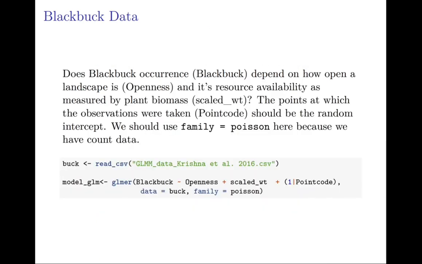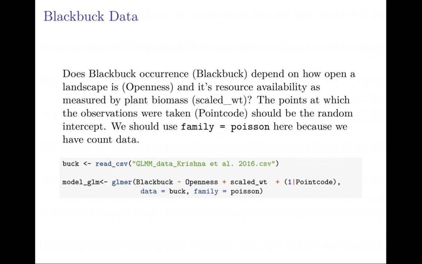The question that we're going to ask with this data is, does blackbuck occurrence, which is termed blackbuck in the data set, depend on how open a landscape is, openness, and its resource availability as measured by plant biomass, which is a scaled weight here. The points at which the observations were taken, or point code, should be the random intercept here because it's sort of like a block or a site effect.